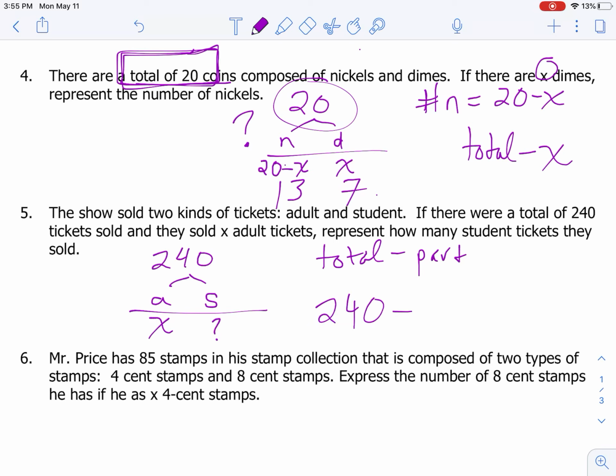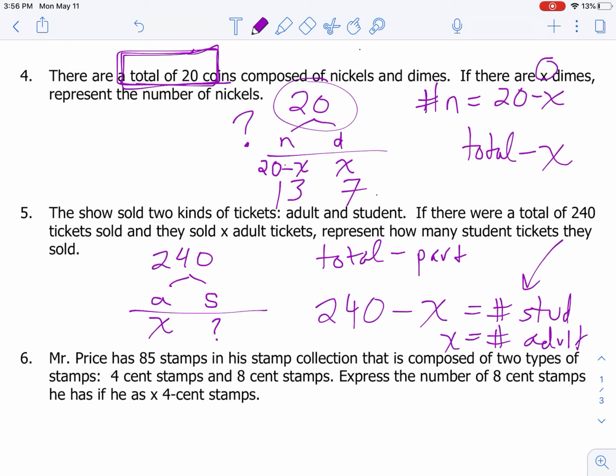They sold X adult tickets, so the number of student tickets is going to be 240 minus X. The number of adult tickets is just going to be X. Now, when I say number of student tickets and number of adult tickets, am I talking about quantity or value? The answer is quantity.